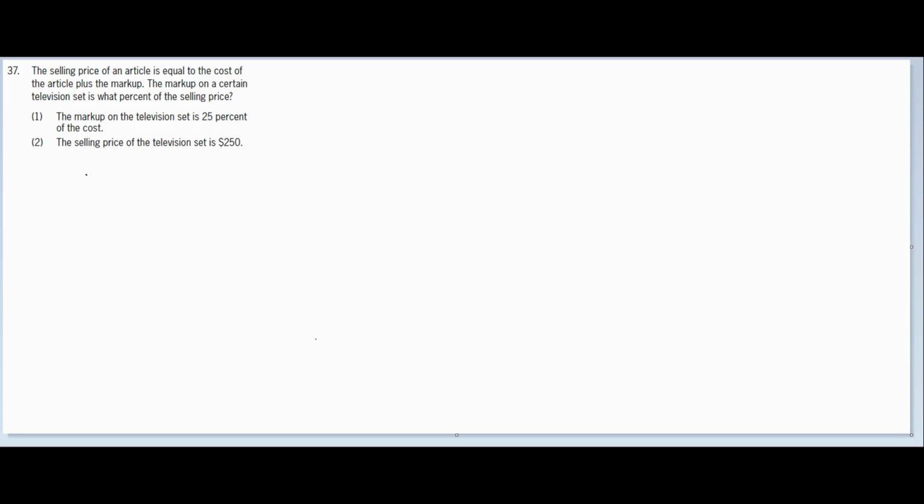So if we look at the first sentence, which is the given information, we can summarize that by saying S is equal to C plus M. So here S is the selling price, and it's equal to the cost, C, plus the markup, M. So that's an equivalent version of that information, but it's easier to deal with.